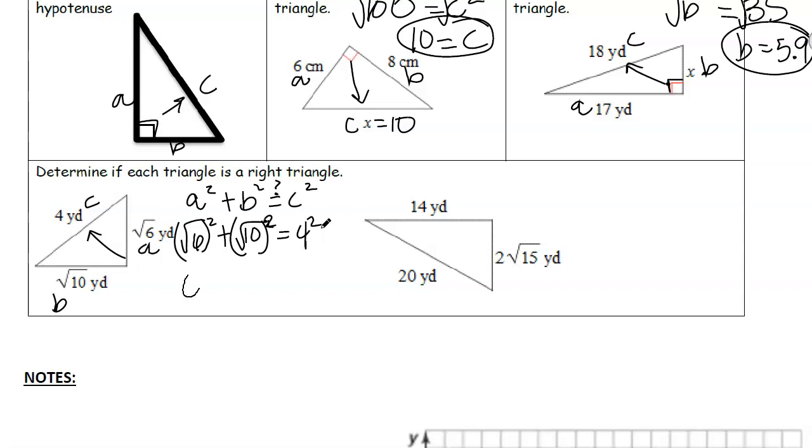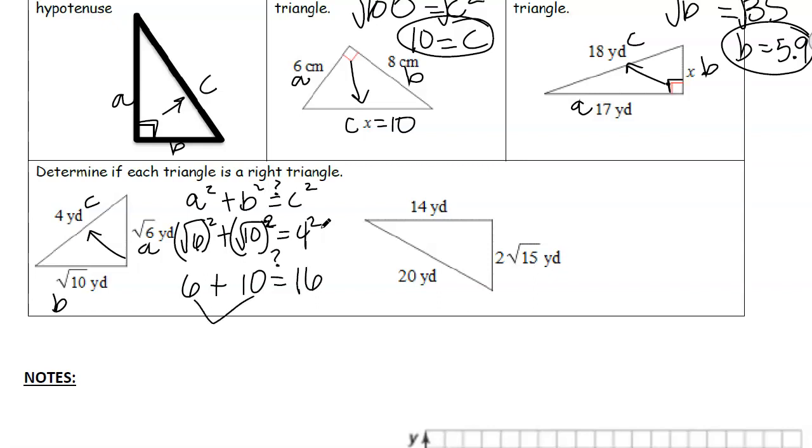And then here I got 6, so parentheses, square root of 10, and I got 10. And here 4 squared is 16.